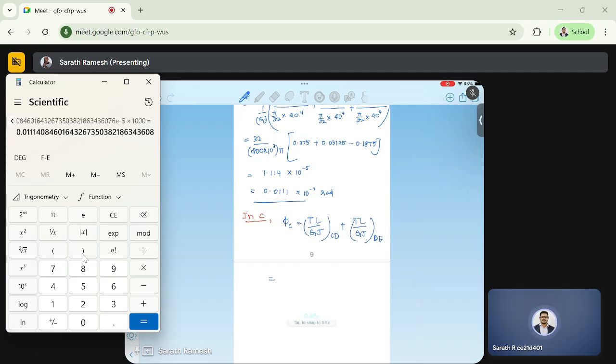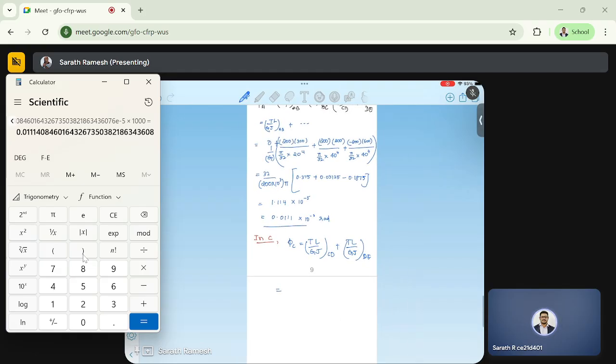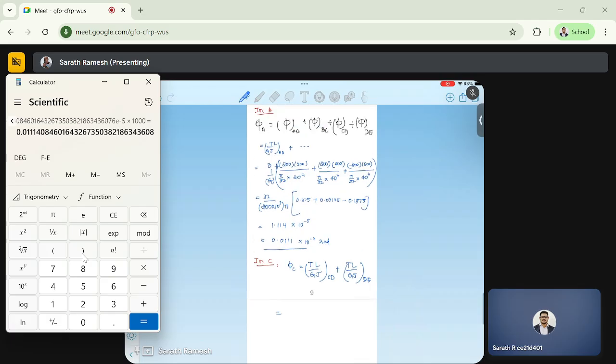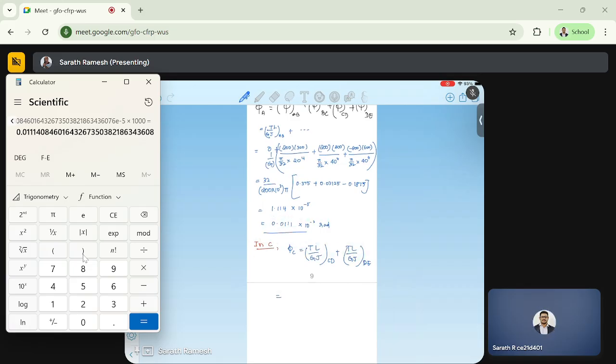Since we have already computed CD and DE, just 32 by 200 into 10 to the power 3 into pi, times 0.03125 minus 0.1875.